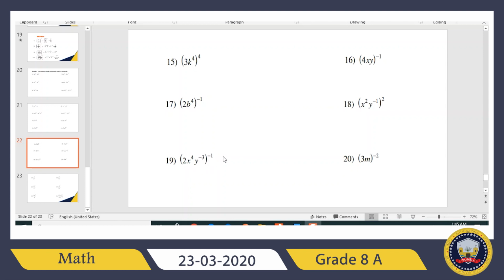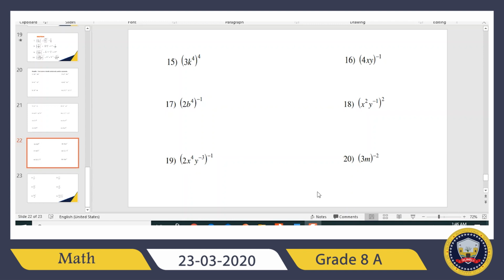I will write y power 3 over 2 power 1 x power 4, because 2 and x have a negative power, so I cannot leave the negative power as it is. I have to write its reciprocal. So here y is the only positive power, so I will leave it as it is: y power of 3 over 2x power of 4.